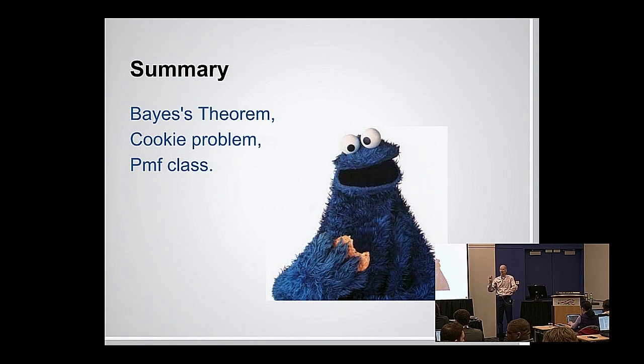What you would have to do is you would have two hypothetical worlds. If it's bowl number 1, then I would decrement that cookie from bowl number 1 and then compute the subsequent probabilities. At the same time, I would have a different hypothetical world where it's bowl 2, and I would be pulling cookies out of bowl 2. And those two worlds would contradict each other. But that's all right.